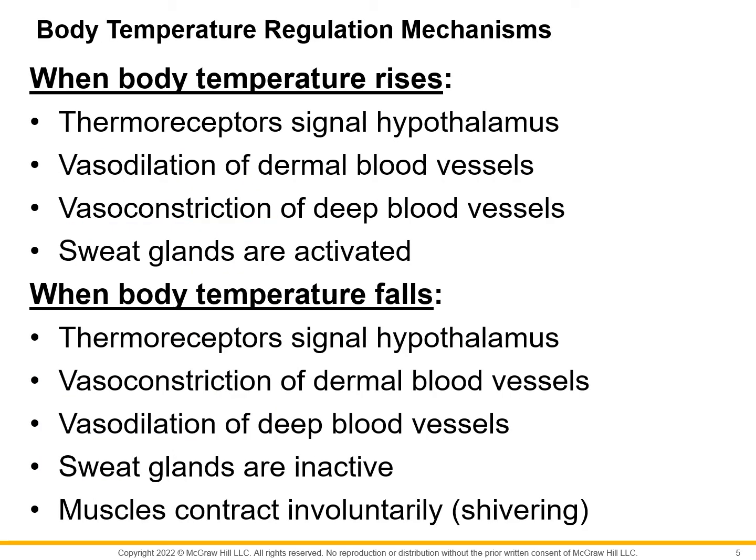Now, the way our body regulates this, when body temperature rises, again, remember the hypothalamus is monitoring all this. So if the body temperature rises, our body needs to cool us down. 98.6 is our set point. All of a sudden, my temperature starts getting higher, so I start warming up. My dermal blood vessels are going to vasodilate. That means I'm pushing my blood to the surface towards the skin.